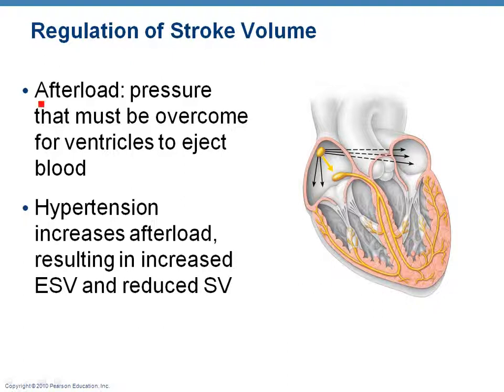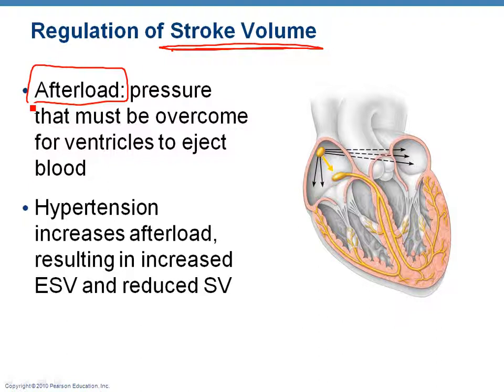A third thing that can affect your stroke volume, the volume of blood being ejected out of the ventricles, is called afterload. Now, if you think about it, your ventricles are squeezing blood from the ventricles up into the aorta and the pulmonary trunk. The walls of those vessels have pressure in them as well because of the blood inside them.